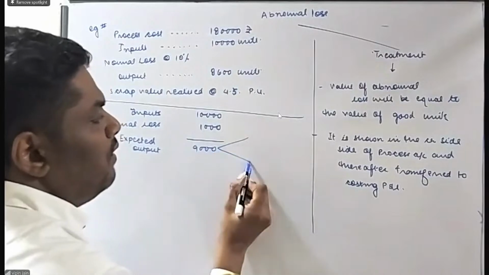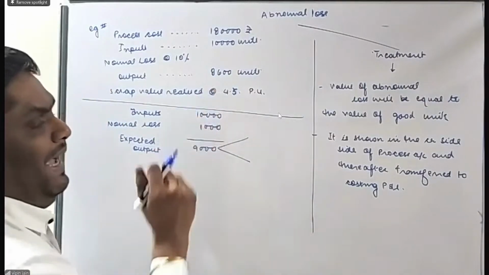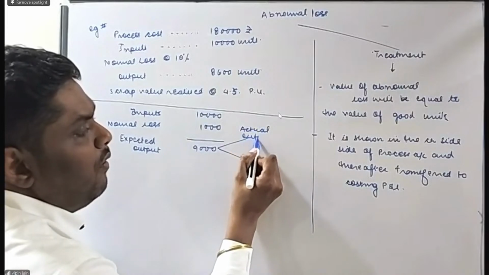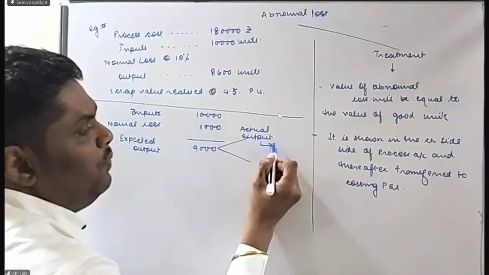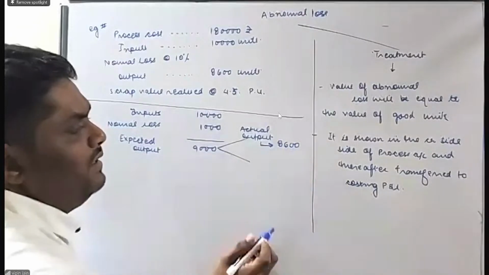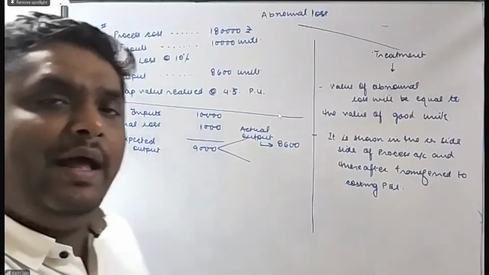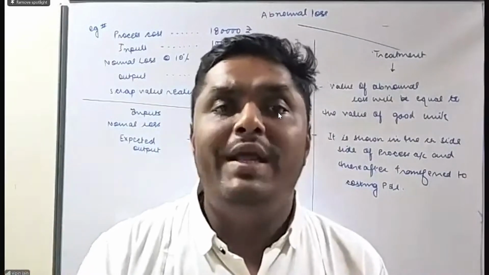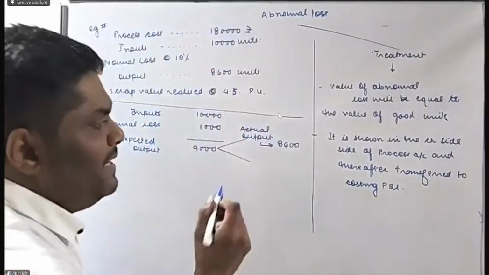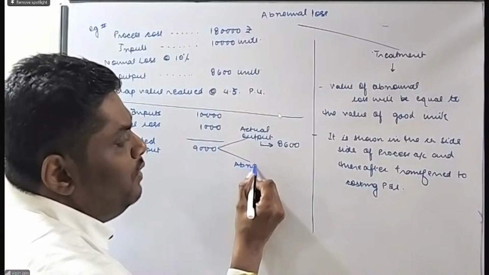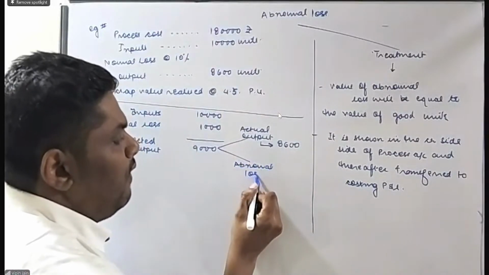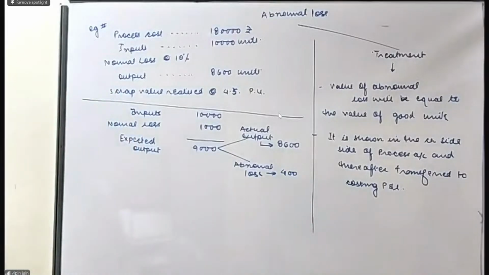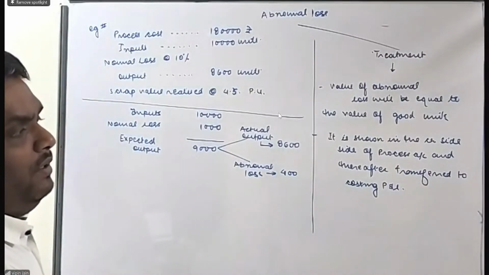However, my actual output is only 8,600 units. I was expecting an output of 9,000 units, however my actual output is only 8,600. It means abnormal loss of 400 units.